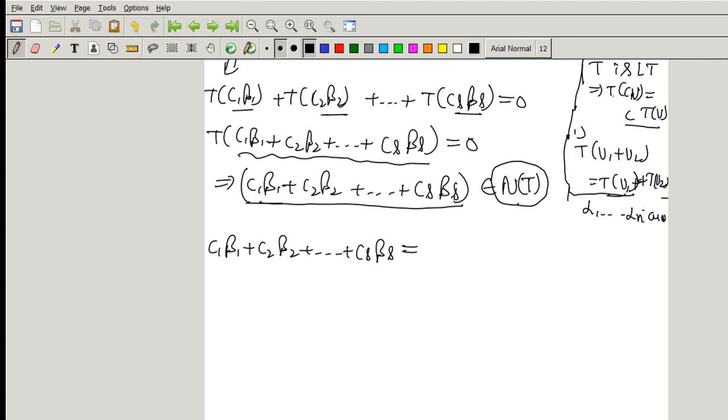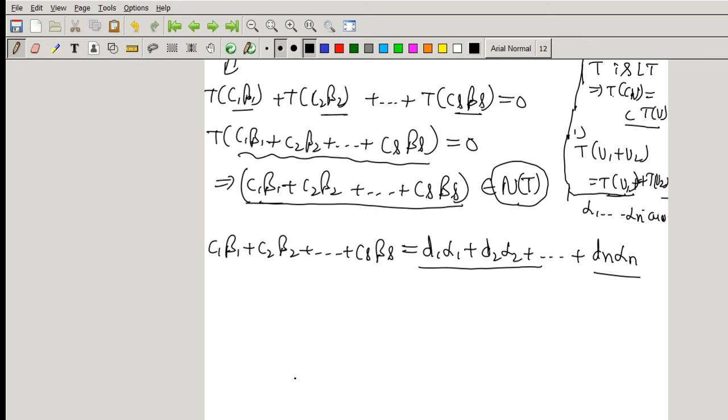The basis elements of this set are α1, α2, up to αn. Their linear combination is some d1 α1 + d2 α2 + ... + dn αn. This vector can be written as a linear combination of these basis elements.